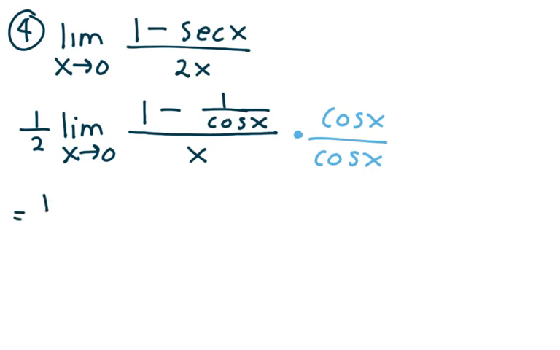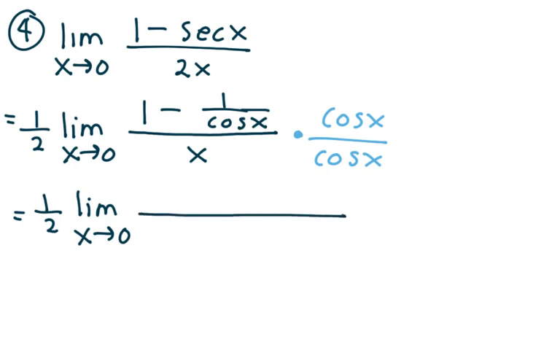And so this is 1/2 the limit as x goes to 0. Now, I'm going to distribute the cosine in. And so I get cosine x minus 1 divided by x cosine x. Okay?